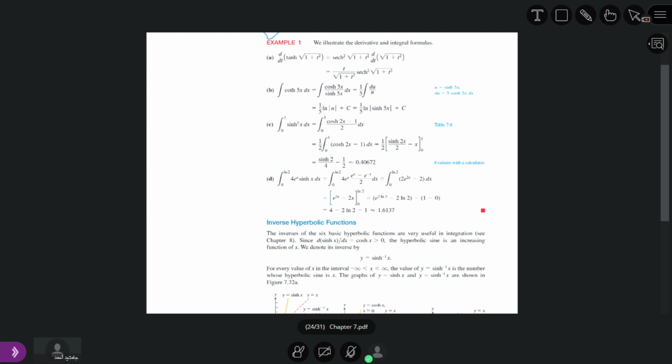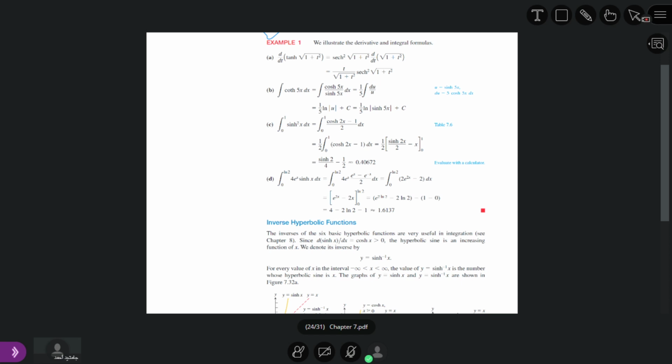Similarly here we have angle square root of 1 plus t squared. So the derivative of this is equal to sec hyperbolic squared of square root of 1 plus t squared dot derivative of the square root of 1 plus t squared with respect to t.